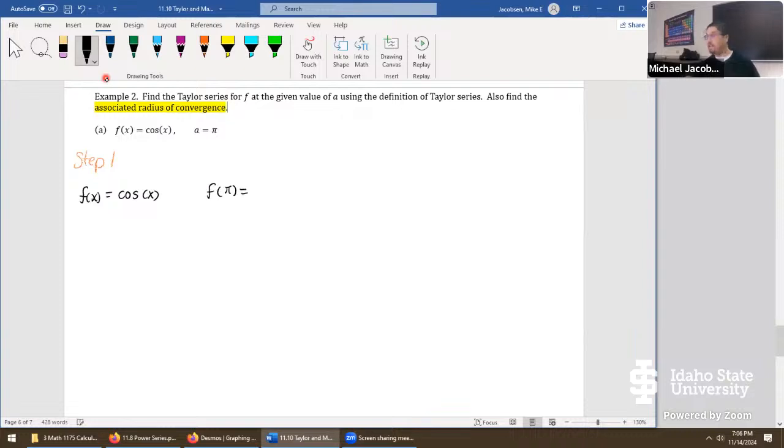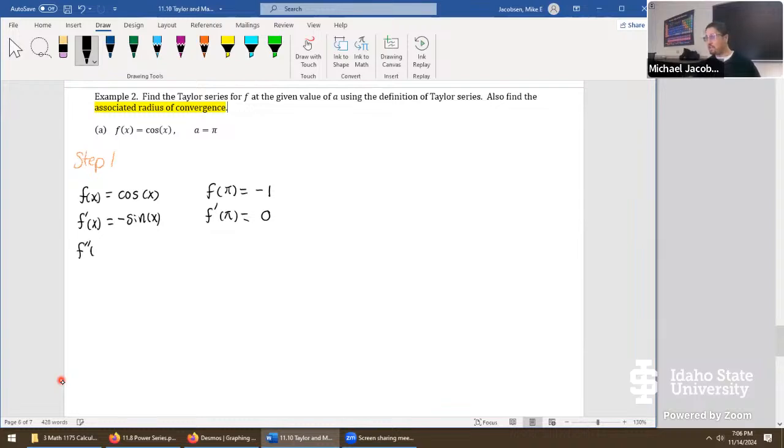That's going to be cosine pi, giving us a -1. Then for trig functions, I usually go with at least 5 rows because these alternate in 0 versus non-zero values. So next we need a derivative, f prime of x. We get a negative sine x out of that. And that means f prime at pi. Sine at pi, whether it's negative sine or positive sine, is just 0.